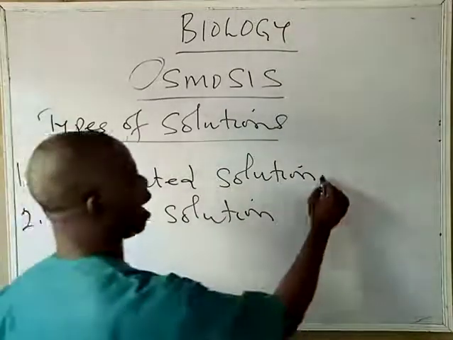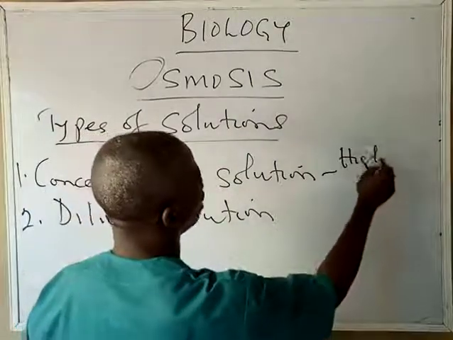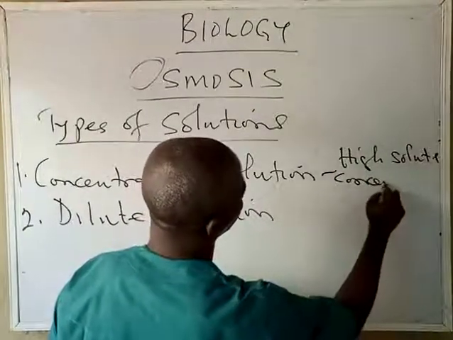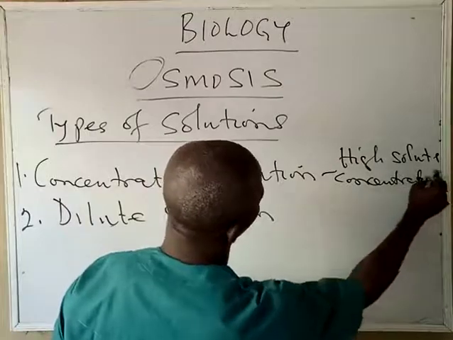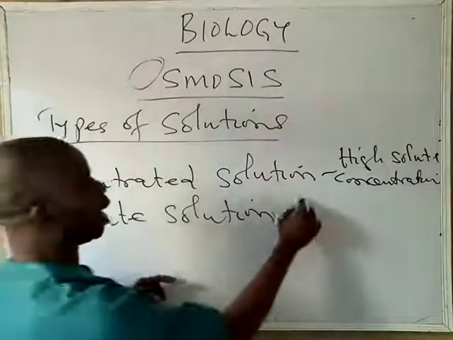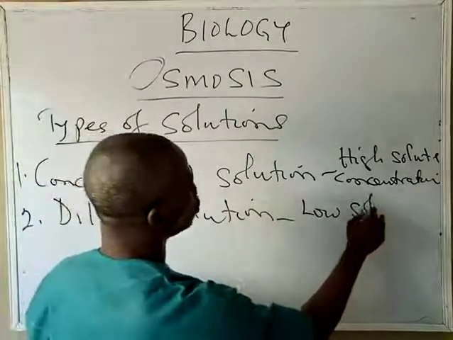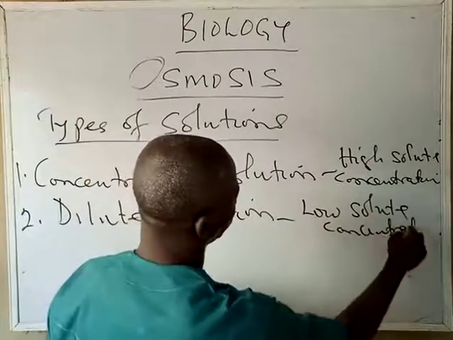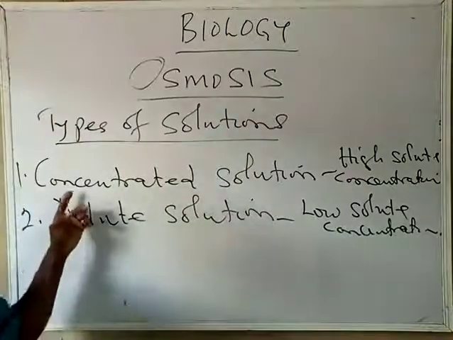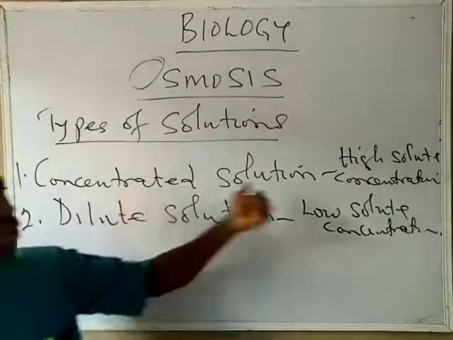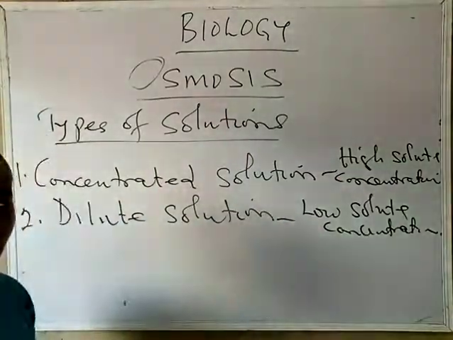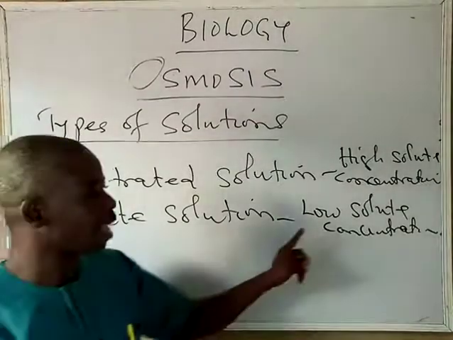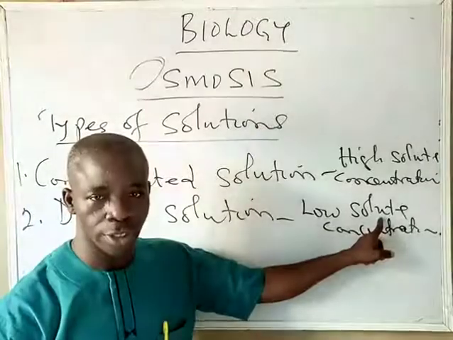Here we have high solute concentration, and here we have low solute concentration. So we say a solution is concentrated if there is high solute concentration, and we say a solution is dilute if it has low solute concentration.